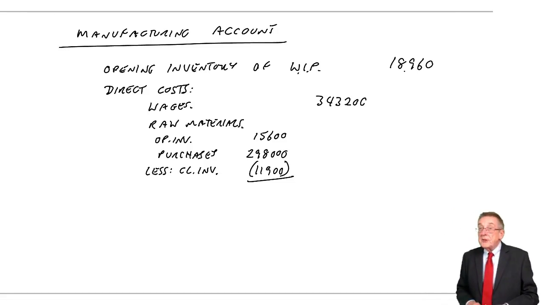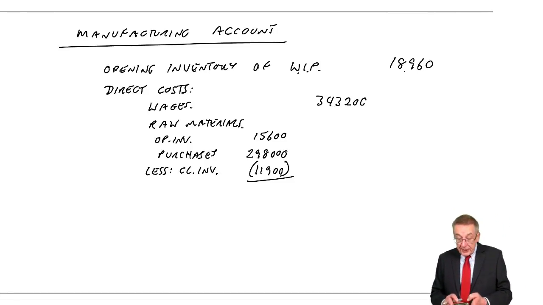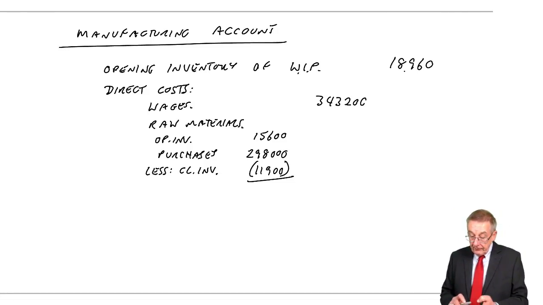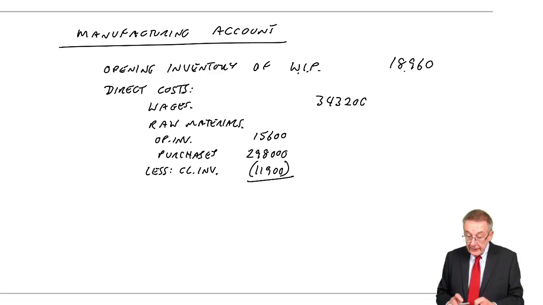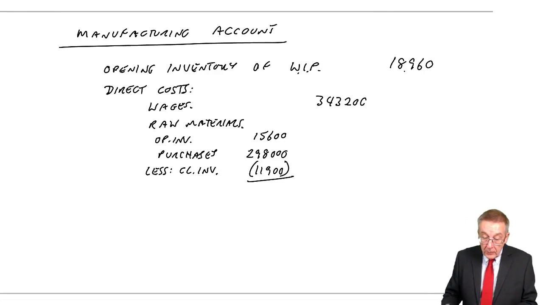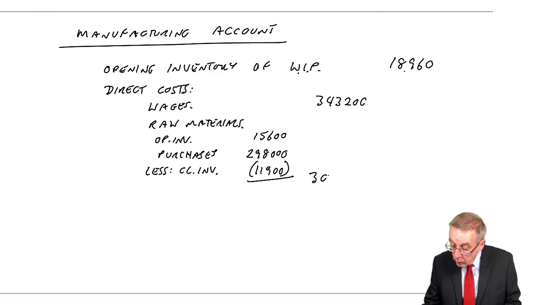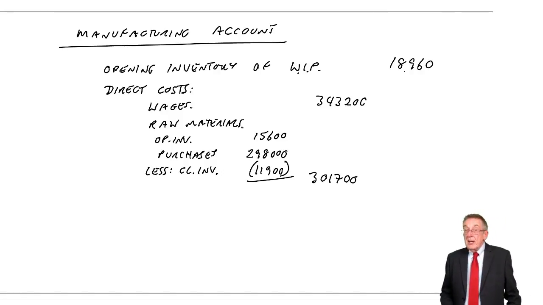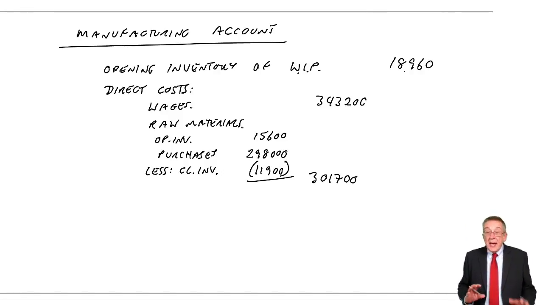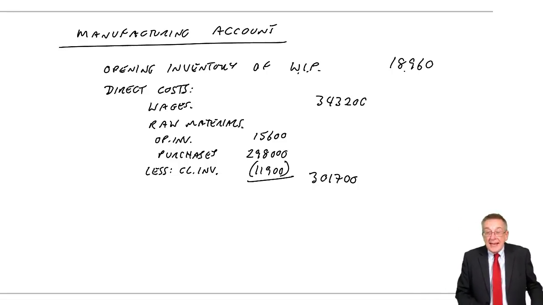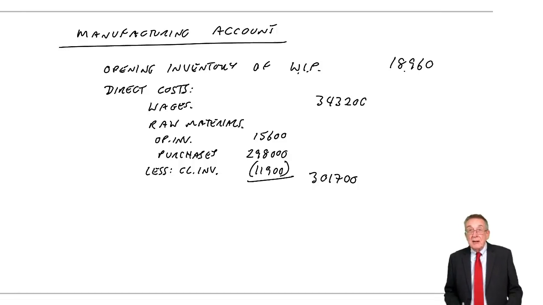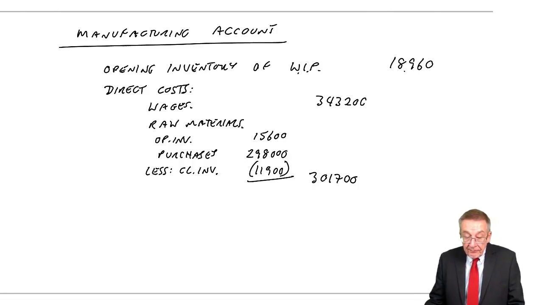So the cost of the raw materials actually used this period: 15,600 plus 298,000 minus 11,900. Hope I'm right. I get 301,700. Now, those are both direct costs. The labour actually making the goods, the raw materials actually used.